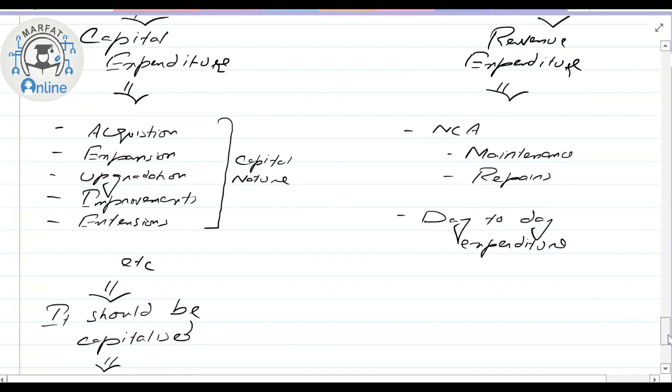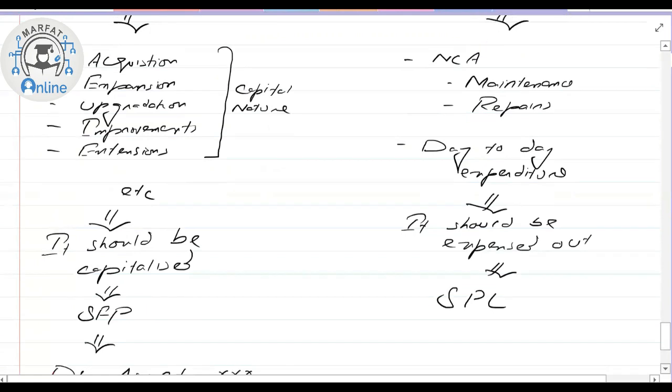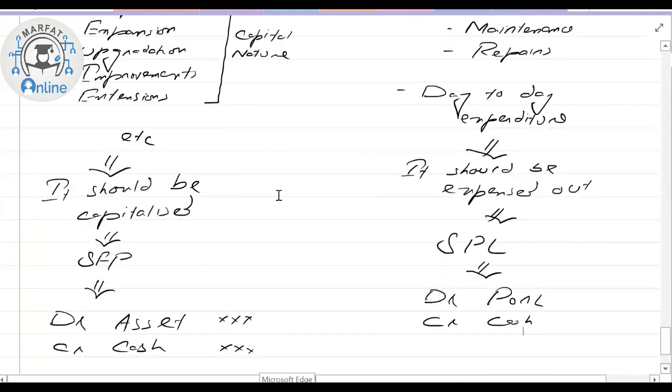Non-current asset maintenance, repairs, and day-to-day expenditures should be expensed out. Where should it be expensed out? In the statement of profit or loss, and the double entry is going to be debit profit or loss, credit cash. So it should be expensed out: debit profit or loss and credit cash.